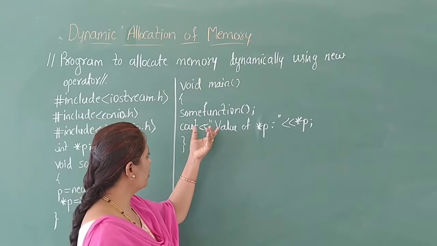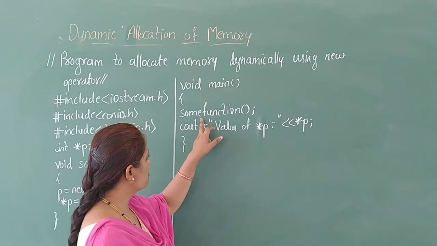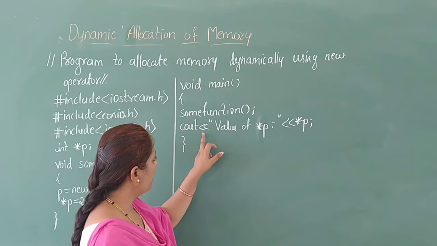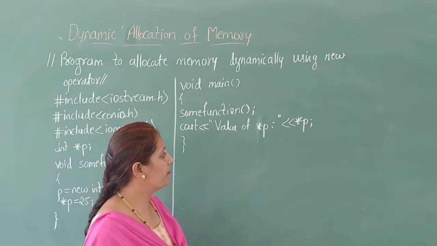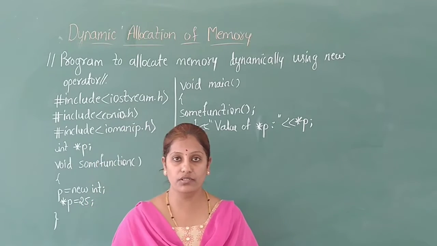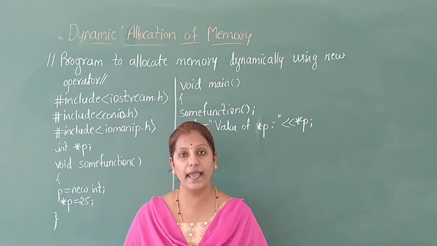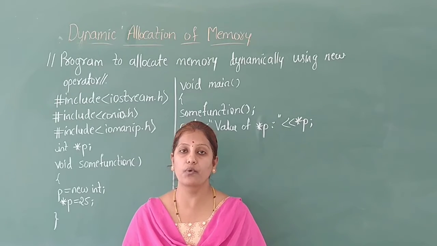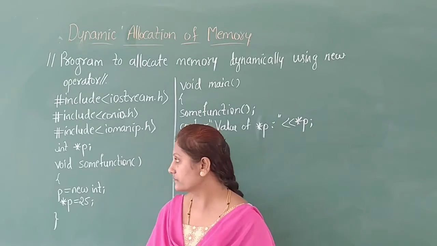In the main function the sum function is called and it displays the value of pointer variable p. We'll trace how the program executes statements one by one.